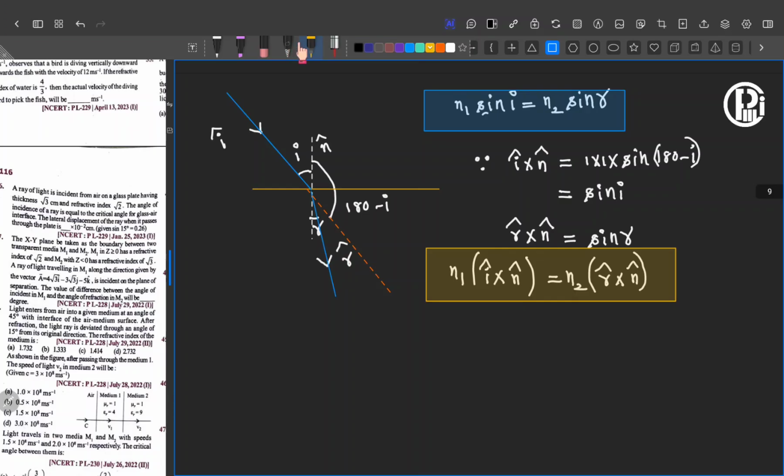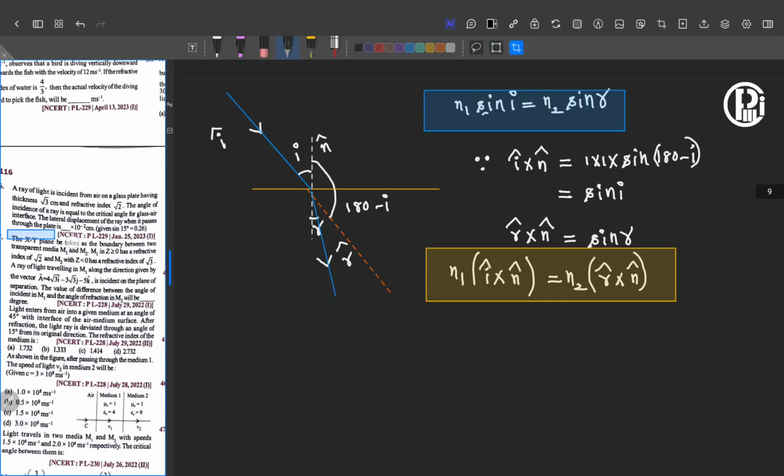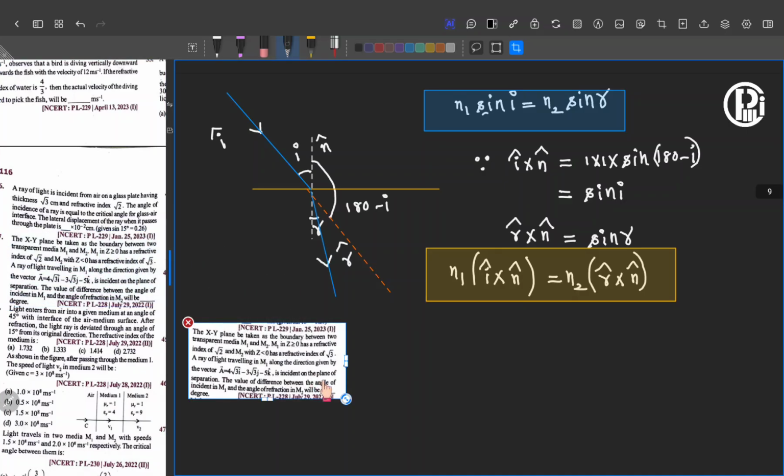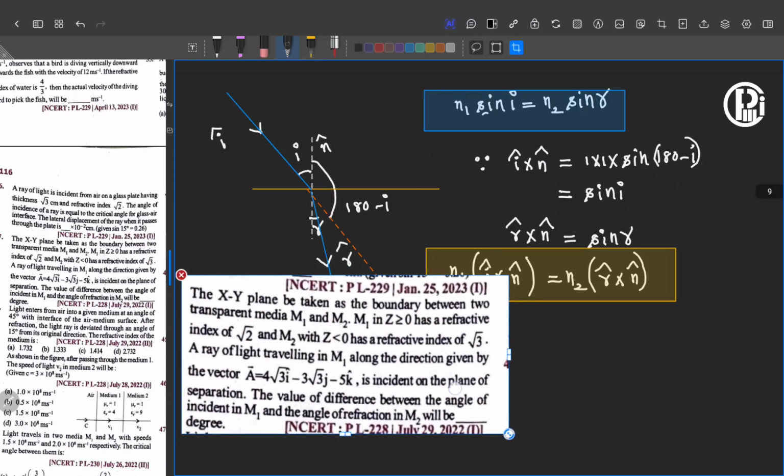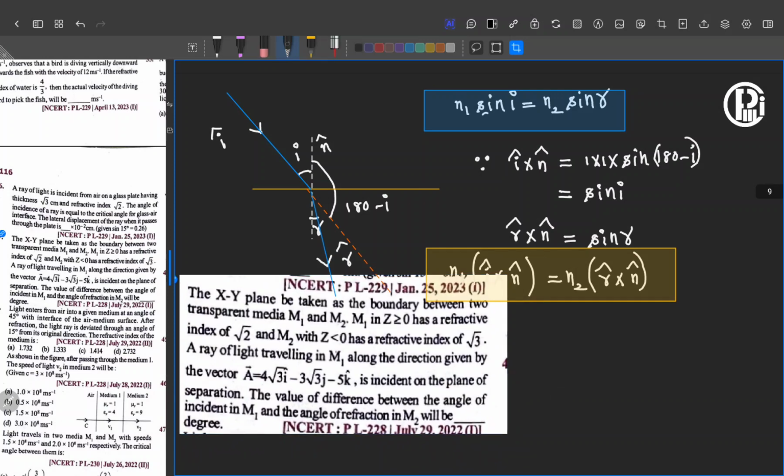Now let me take up that question, which is different from this. The question is: the xy plane is taken as the boundary between two transparent media m1 and m2. m1, in z greater than 0, has a refractive index of root 2, and m2, with z less than 0, has a refractive index of root 3.